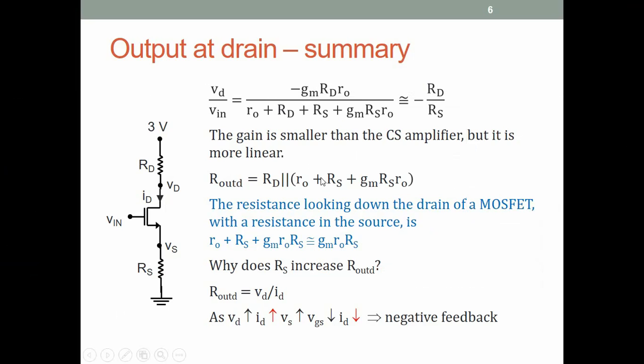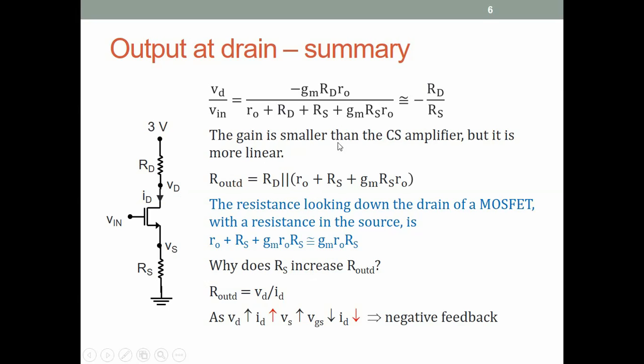The comment to recognize is that this gain is smaller than the gain without Rs. Without Rs is our traditional common source amplifier. So when we introduce Rs, basically the denominator becomes larger because Rs causes negative feedback.